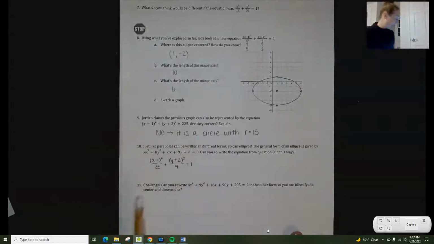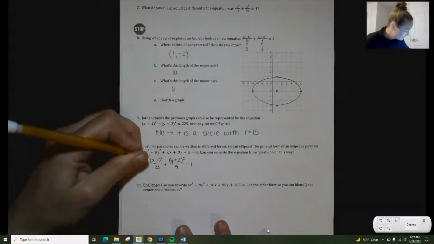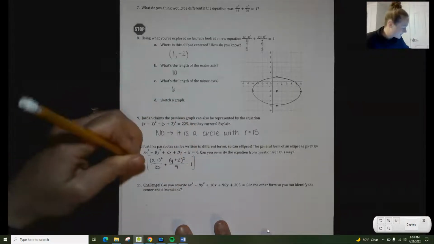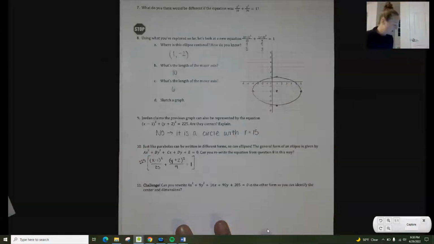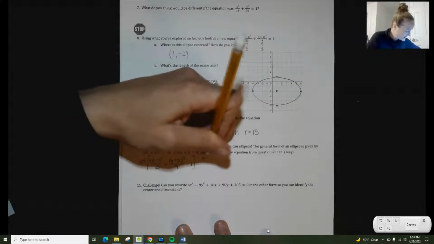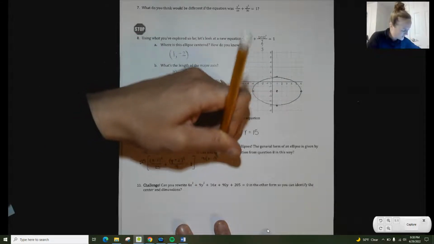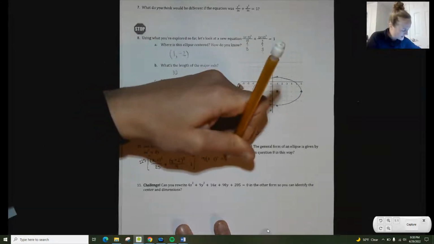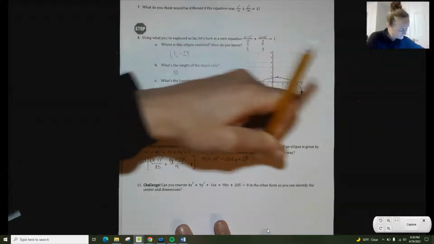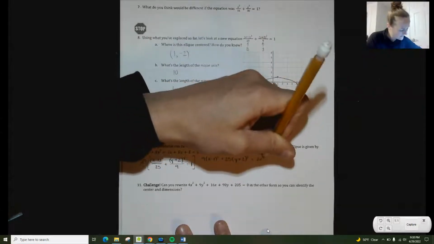The first thing I want to do here is get rid of all of those fractions. So the least common denominator is 225. So I'm going to multiply by 225 on either side. And that's going to leave me with 9 times x minus 1 squared plus 25 times y plus 2 squared equals 225.